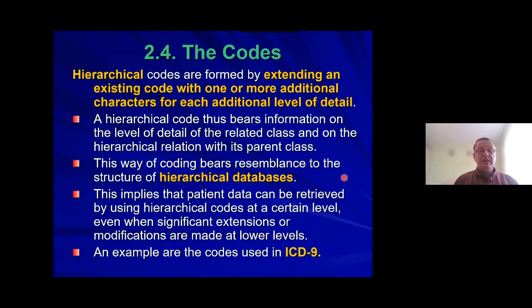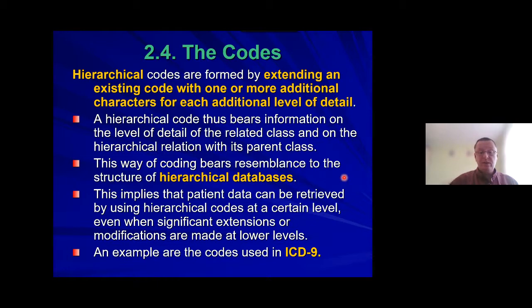The next approach is hierarchical codes, which are formed by extending an existing code with one or more additional characters for each additional level of detail. And the characters could be numbers or mnemonic codes. So a hierarchical code truly bears information on the level of detail of the related class and on the hierarchical relation with its parent class.